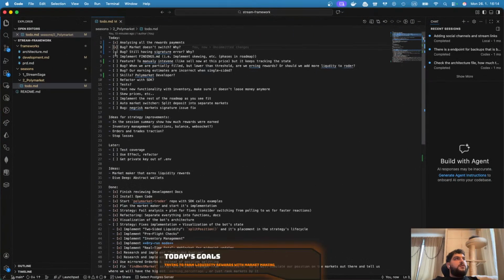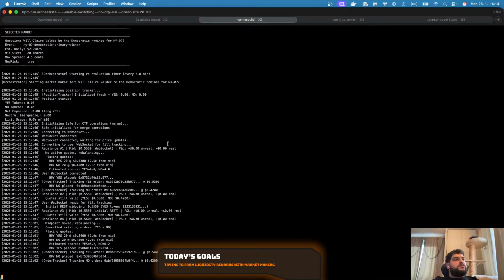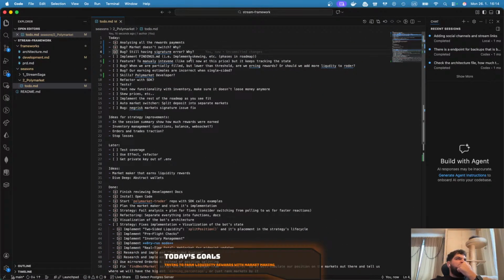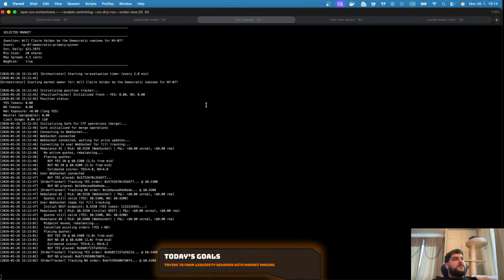And I think we can clearly put the X here because we fixed the signature issue. We fixed the market issue, the switching issue. So all should be good now, and we should finally go and implement the skewing.